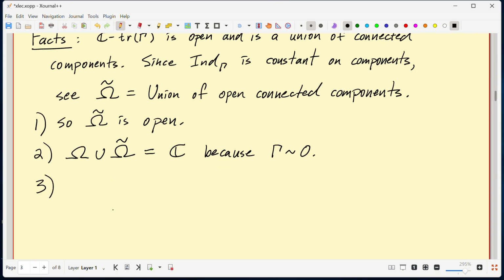That's a true thing. 3, h twiddle is analytic on omega twiddle. That's homework 2, problem 1, that you can differentiate the Cauchy integral formula, basically.